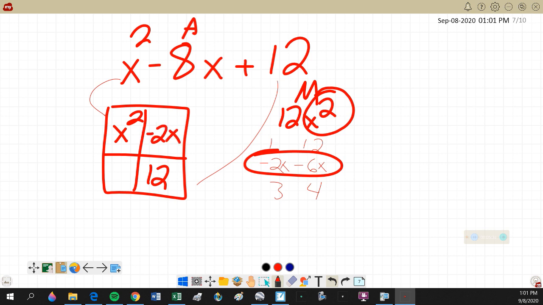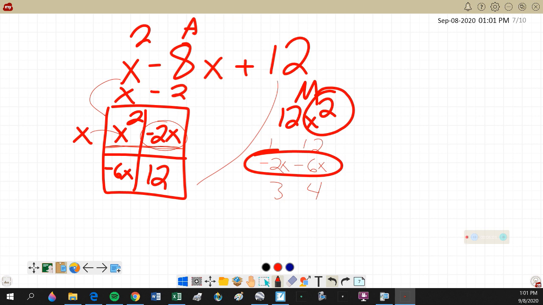Negative 2x, negative 6x. And now I ask, what do these two have in common? X. Now, if I take an x out of here, what's left? X. If I take an x out of here, what's left?